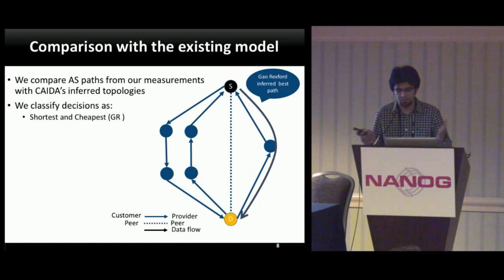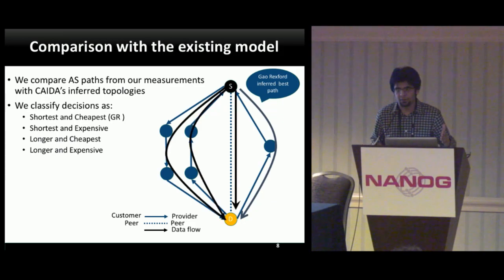But if the AS takes some other path, that can be a longer path, or an expensive path, or even a combination of both, then that path was not classified as Gao-Rexford, or in that case, our path prediction didn't match the real path.